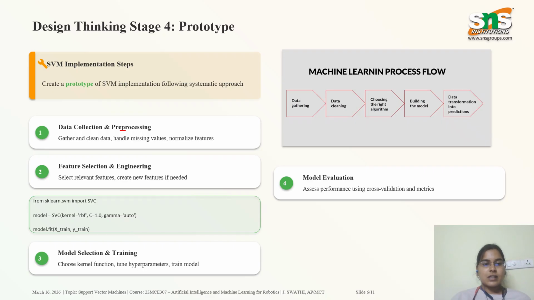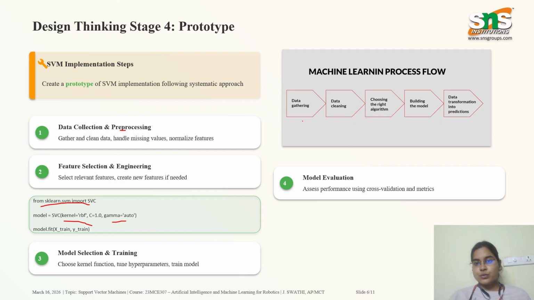Here you can see the code where we are importing the SVM model, importing the kernel function, and giving the type of data. Model selection and training uses the kernel function, tunes the hyperparameters, and trains the model. Model evaluation assesses the performance using cross-validation and metrics.